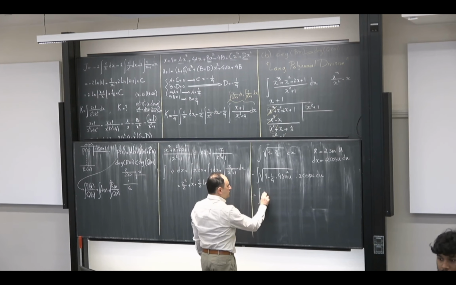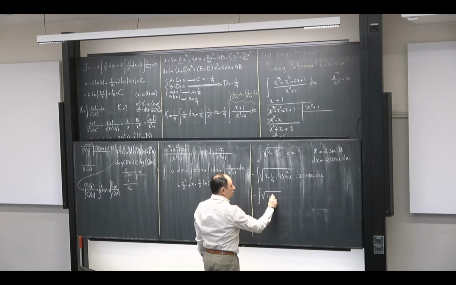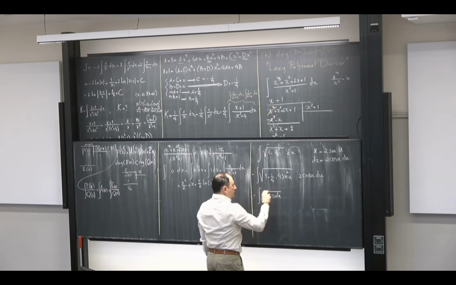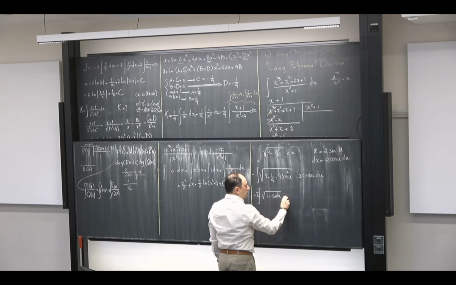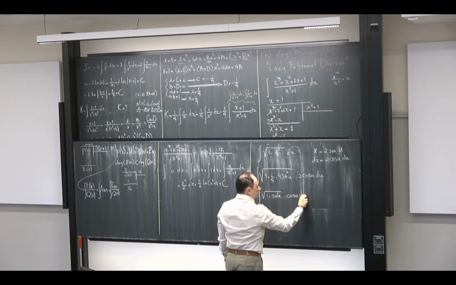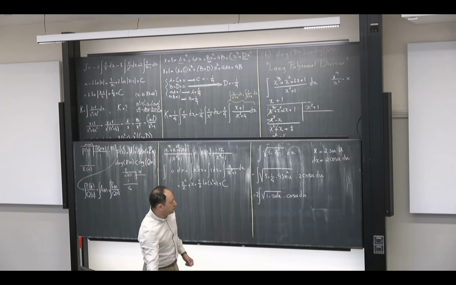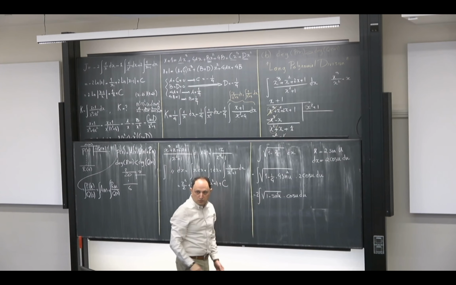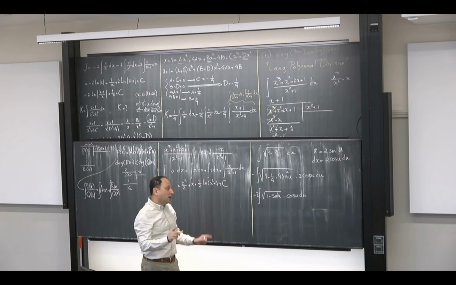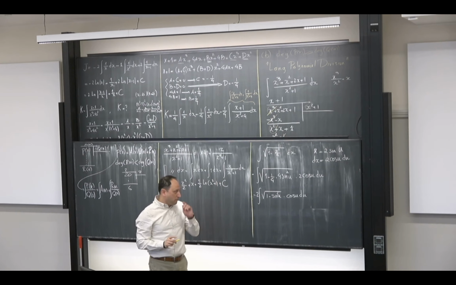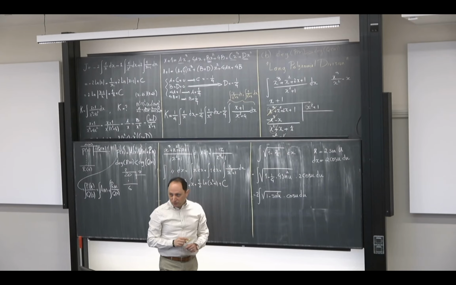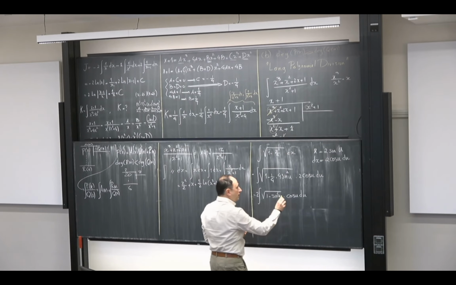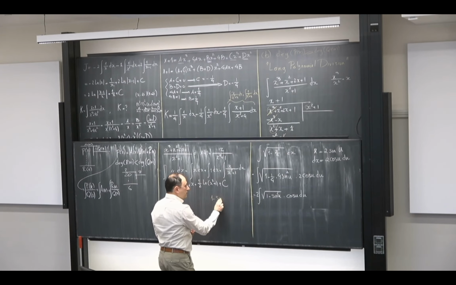So this becomes the integral. Let me do it step by step for you because there is one more subtlety in the problem. Do you mind if I take the 2 out because that's a factor? And then you have to remember something from trigonometry. 1 minus this one is not cosine. Be careful. Of course, in this case, if you just write cosine, it turns out to be the correct one. But it is the absolute value of cosine. Yes? Because 1 minus sine squared u is cosine squared u.